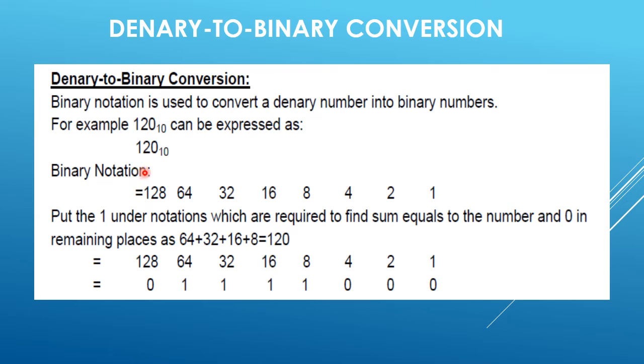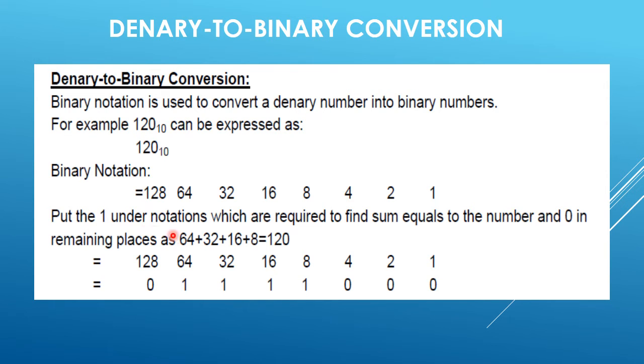So we need to write the binary notation till greater than 120. So the binary notation will be 1, 2, 4, 8, 16, 32, 64, 128. Because the given number is 120, we are not going to write further binary notation 256 and so on.